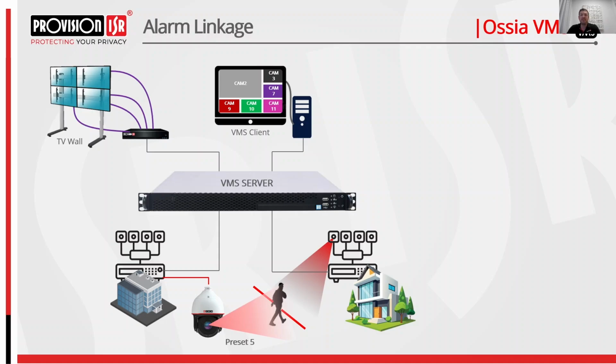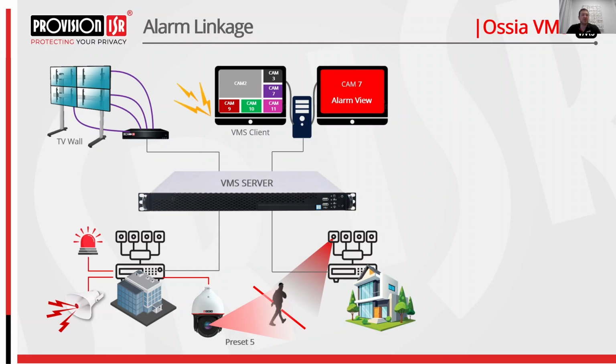You can move any PTZ to a specific preset. You could trigger alarm outputs from any connected NVR or camera with an alarm output. You can play an audible buzzer on the VMS client computer. Also on the VMS client computer, you can pop up an alarm view. And as shown earlier, you can pop up an alarm view on your TV wall as well.